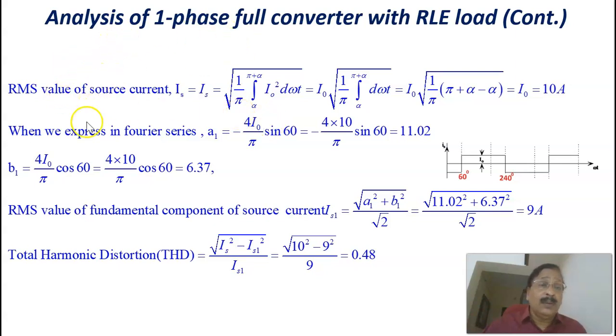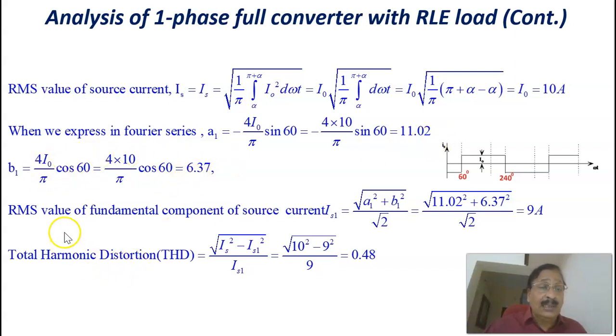Now, to find the RMS value of the current, we have already derived all those things. The RMS value of the total input current Is we derived previously. It is I naught only, which equals 10 amperes. And A1 equals 4 I naught divided by pi into sin 60, which is 11.01, and similarly B1 is calculated.